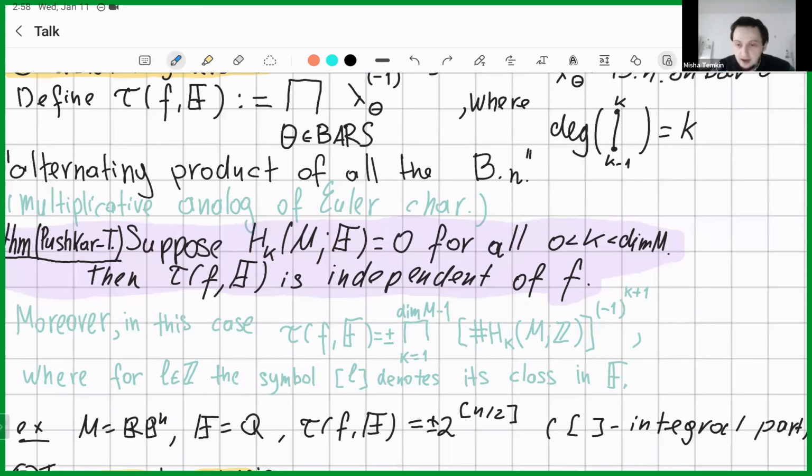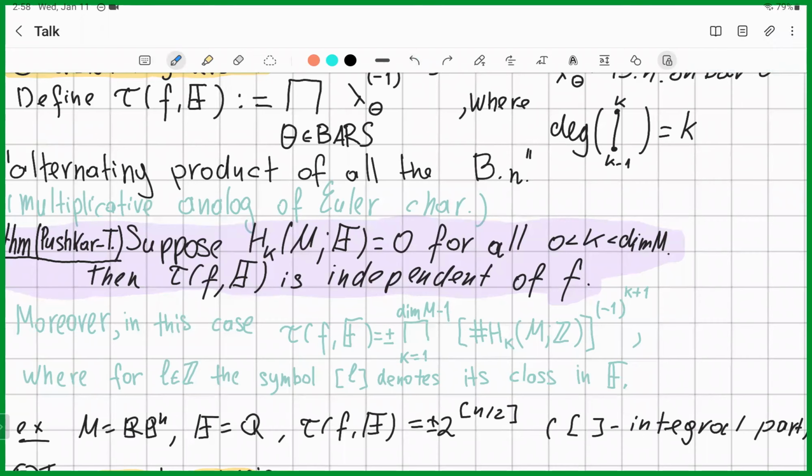I don't think there's an alteration of the statement which weakens the assumption, because if there's homology, then I don't have any statement, but I expect that generally you can find two functions with different tau. It's not a theorem, but I expect that the existence of homology breaks down the statement completely.